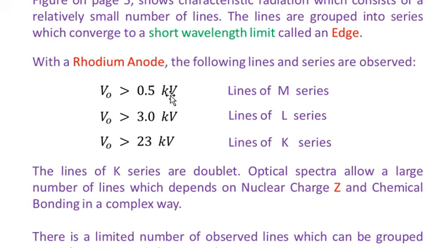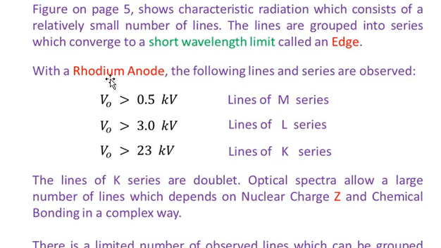I discussed the figure on page number 5 with the anode made up mainly of rhodium, with the minority of the contribution due to ruthenium. So with the rhodium anode, the following lines and series were observed.